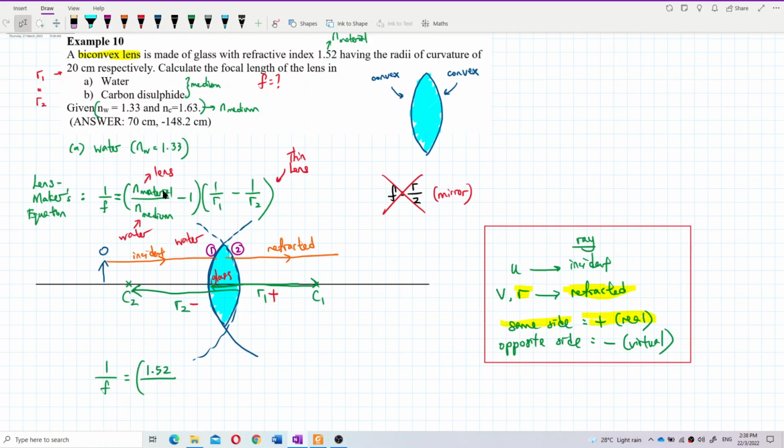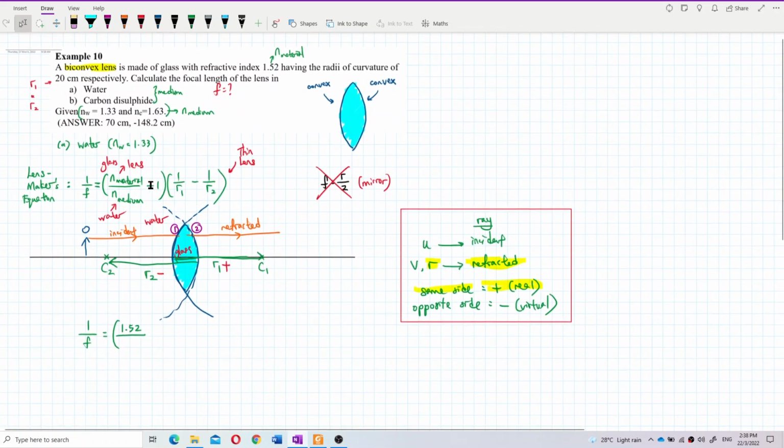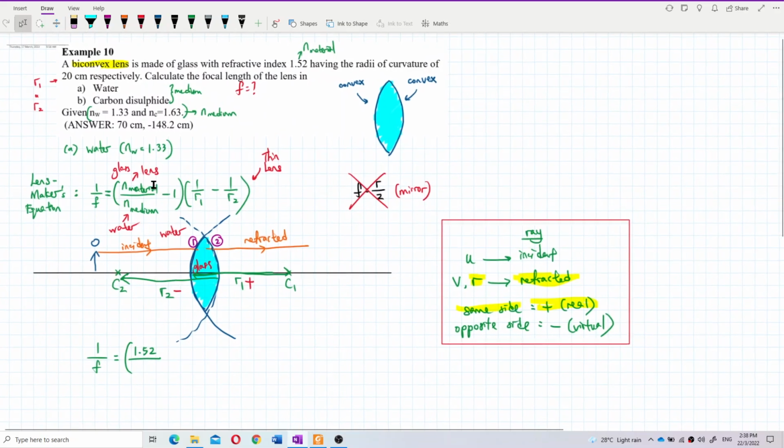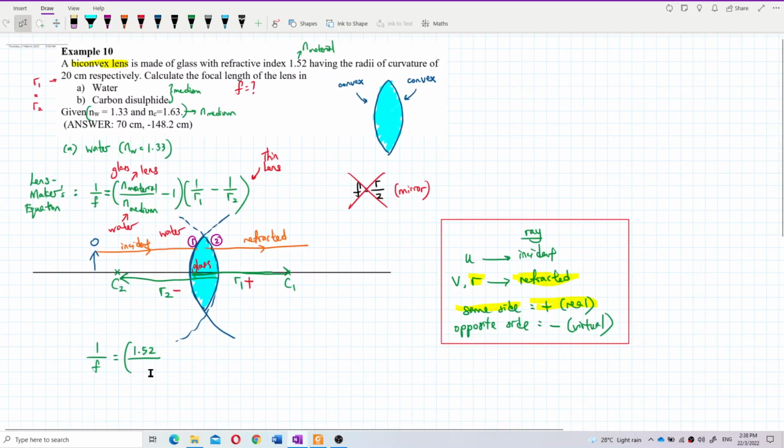So the refractive index for the material, the glass lens, is 1.52, and for the medium, the water, is 1.33.